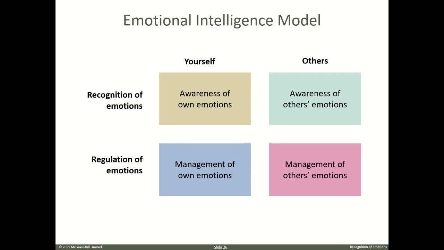Now this is for yourself. And now look at the other: awareness of others' emotions, and the next is management of others' emotions. This is the EI model. It's a very simple model. It shows that you need to be aware of and manage emotions about yourself as well as others. That's it.